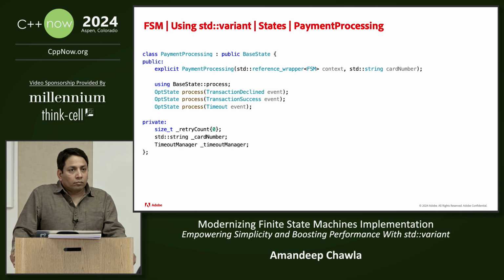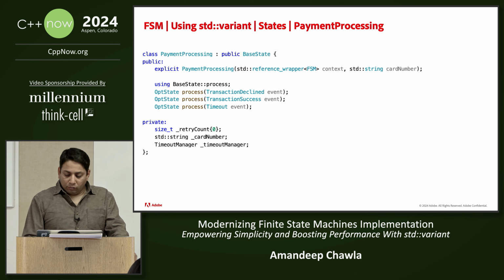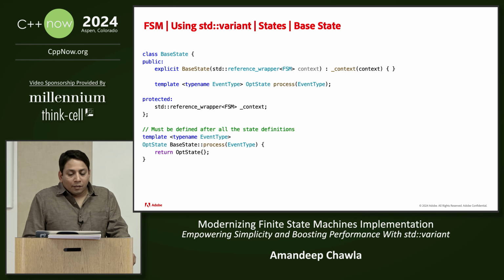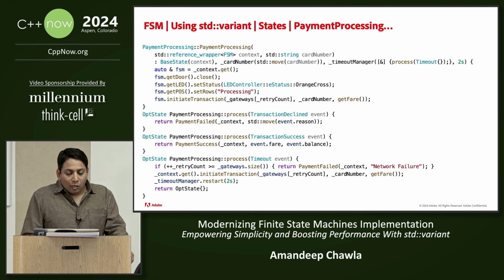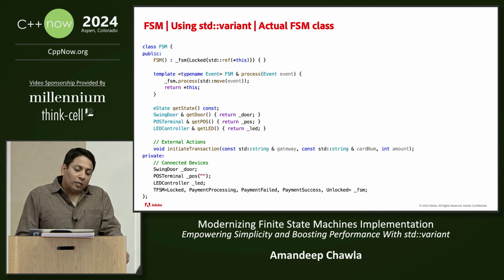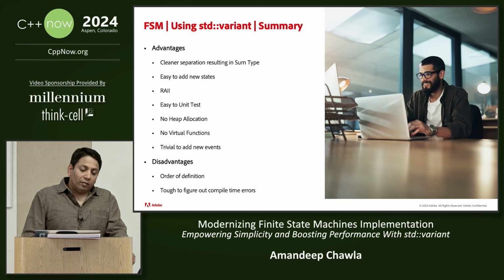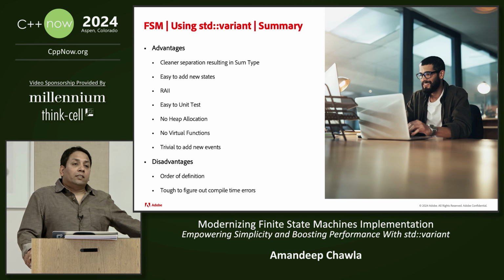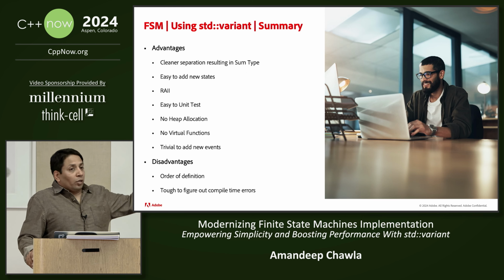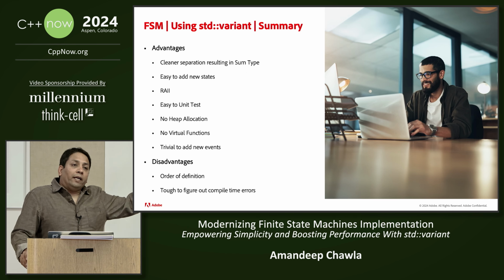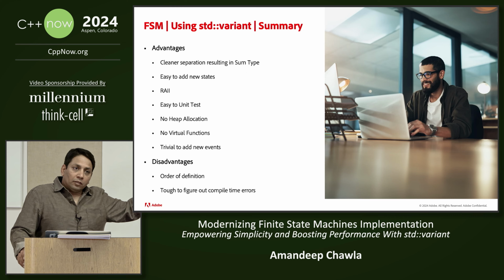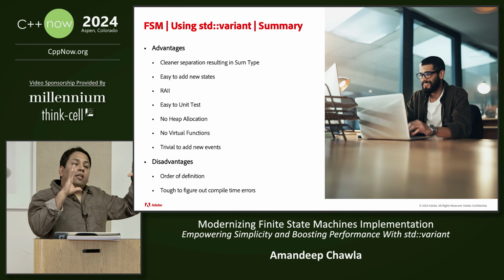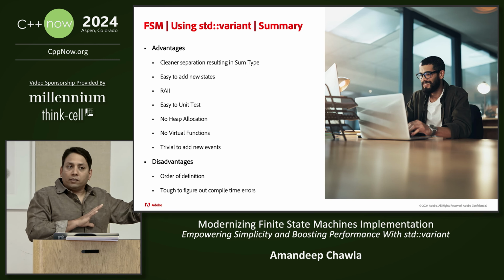Could you speak a little bit more to the negatives? You mentioned a couple of possible ones. Still, of the variant, right? There were two things in that list. These are not negatives in the sense that, if you are using the base class, the first time I was putting the template, I wanted to write the template definition there itself. But I have to move it out of the class and make sure that it is defined after all my derived classes are defined.